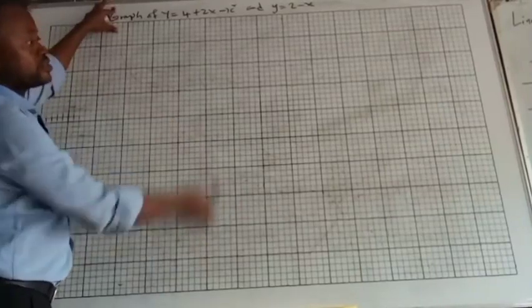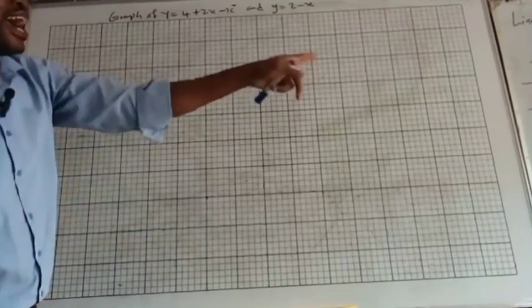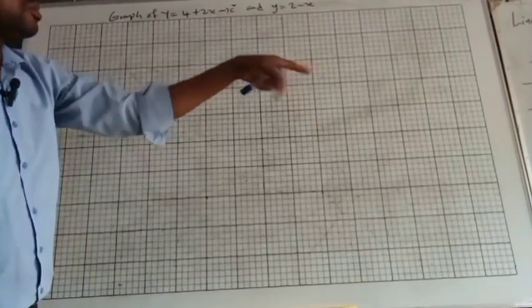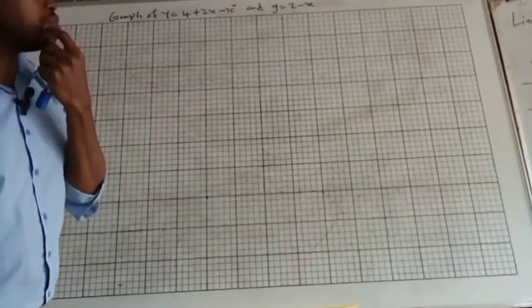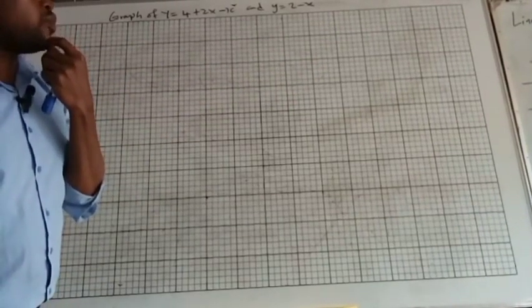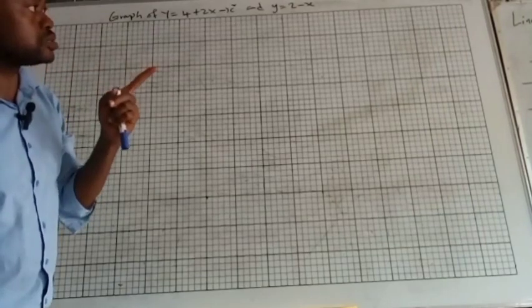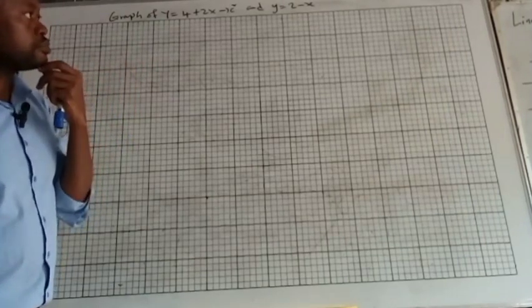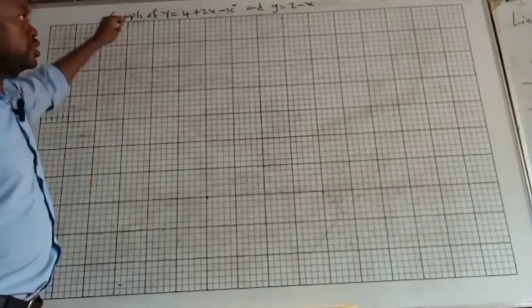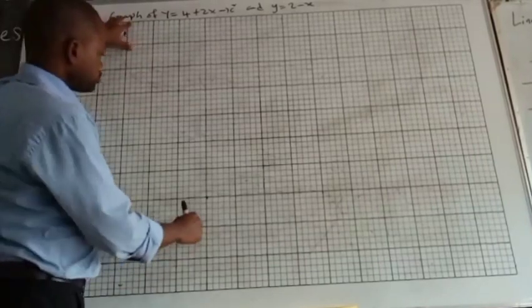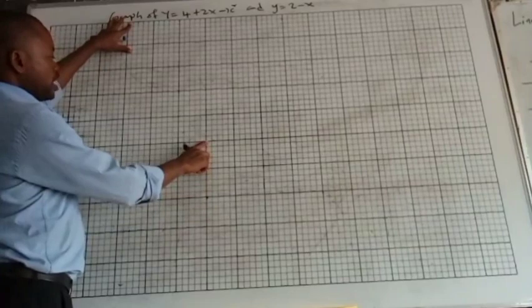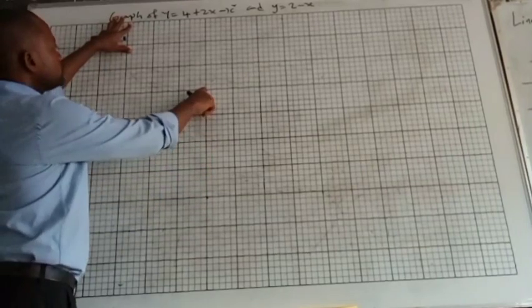What about the y-axis? I'm also going to consider the highest value of y. The highest value there is 5. They ask us to use 2 cm for 1 unit. That is 1, 2, 3.